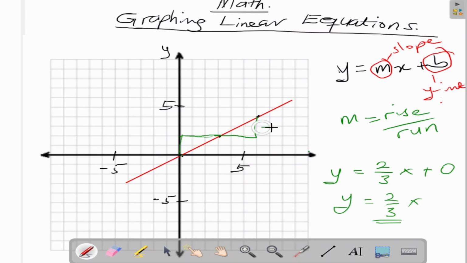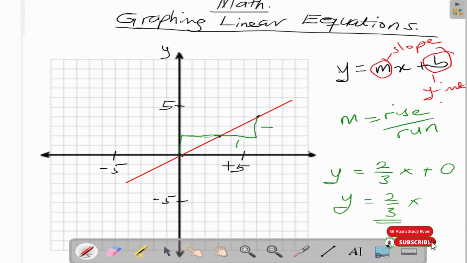This is a negative rise, and this is also a run, but towards the left, also negative. So -2 over -3 will still give us 2/3. If only you do it well, it doesn't matter whether you do it on top of the line or under the line, you are going to get the same thing.